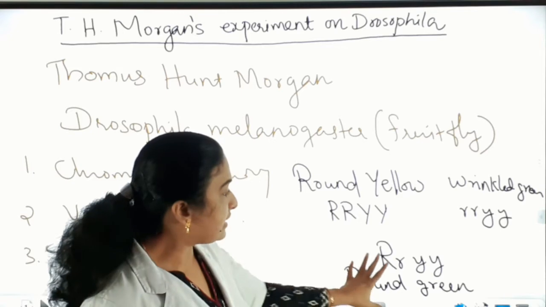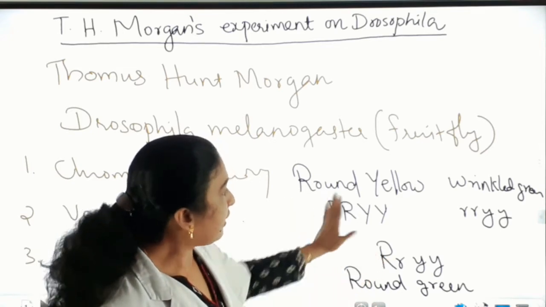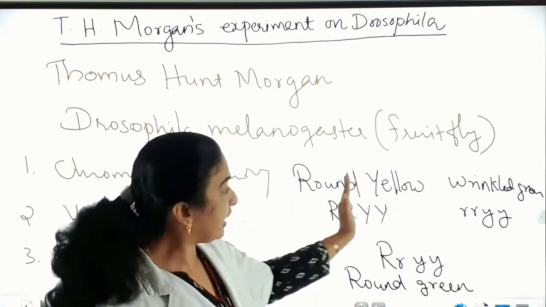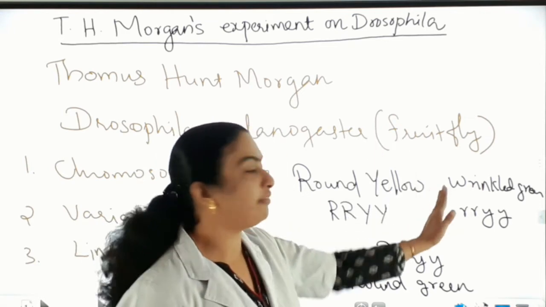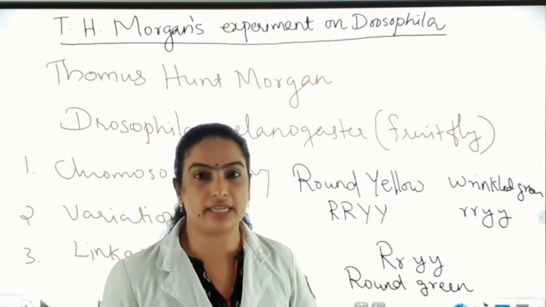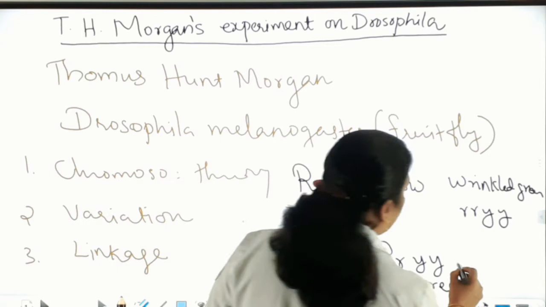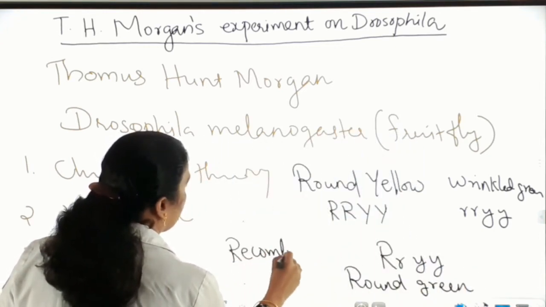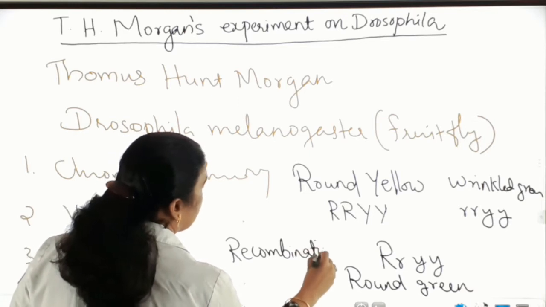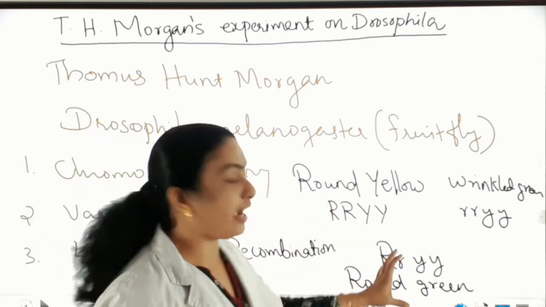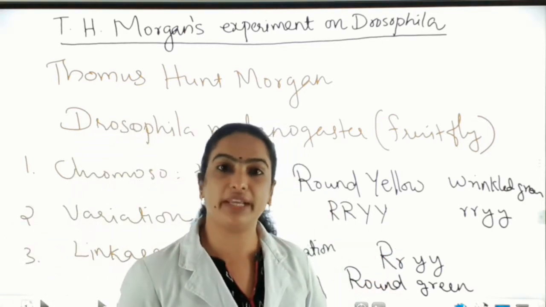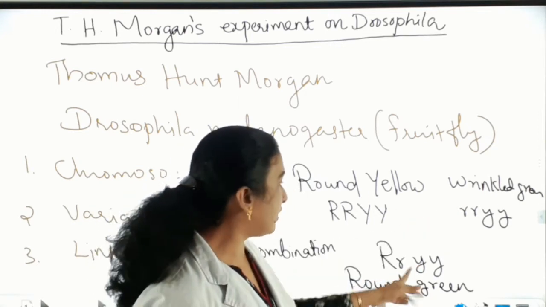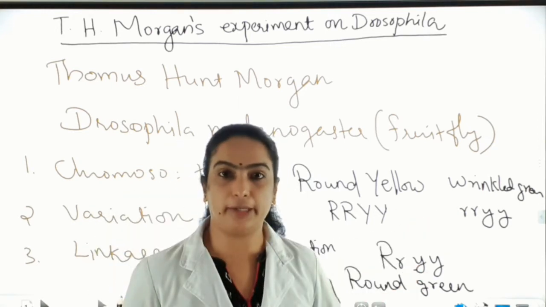This is entirely different from the parental characters. Or we can say there is a new combination of the parental characters, and that is called recombination. This property is called recombination. Is it clear? So the linked genes can show recombination due to crossing over. There is a crossing over occurring here.